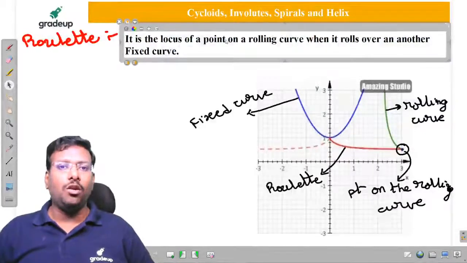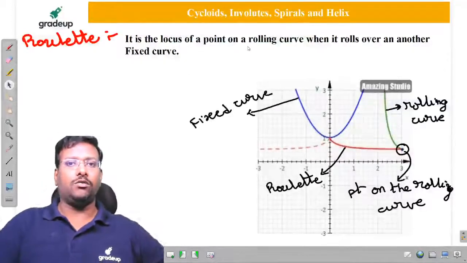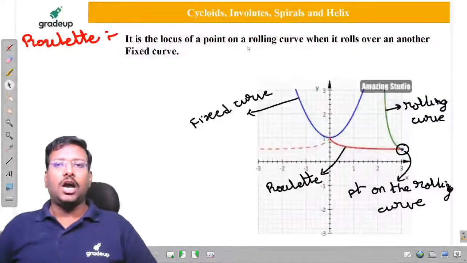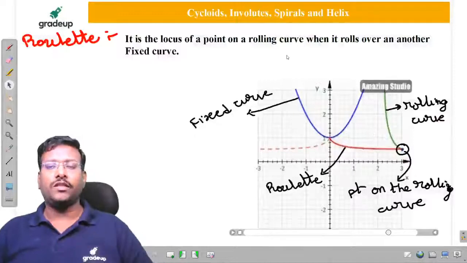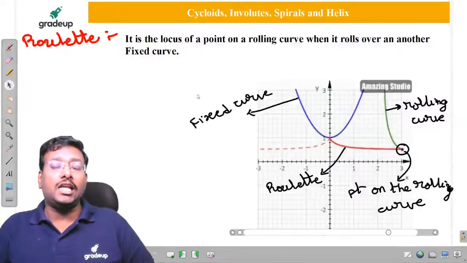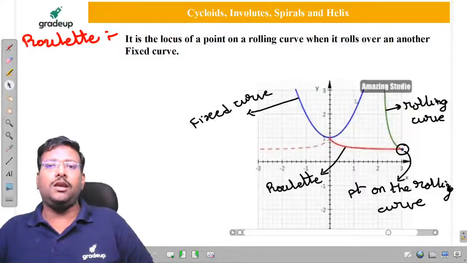So we are going to get the locus of a point on the rolling curve, when it rolls over another fixed curve. Here the fixed curve is the blue colored one.